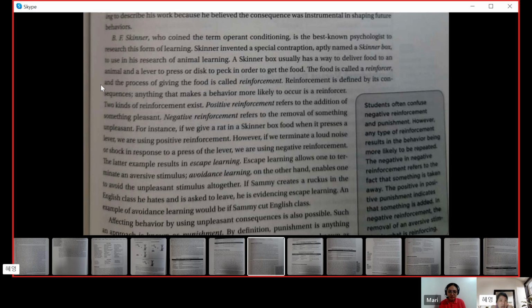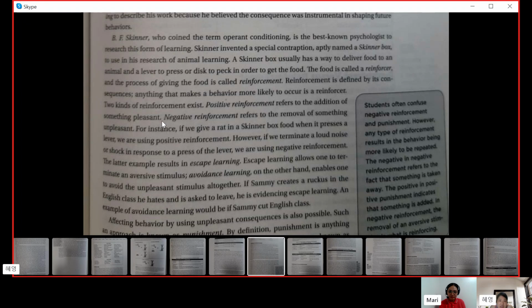Anything that makes a behavior more likely to occur is a reinforcer. So there are two kinds of reinforcement. One is positive reinforcement, which refers to the addition of something pleasant. And negative reinforcement refers to the removal of something unpleasant.